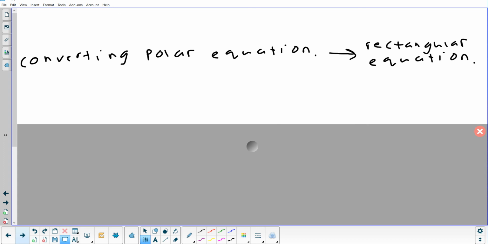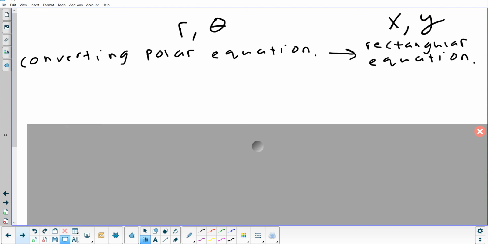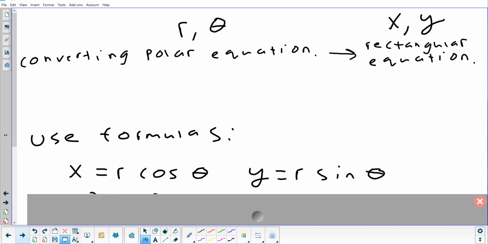When we wanted to convert from polar, r theta, to rectangular, xy, does anybody remember the formula for x? x equals r cosine theta. And what about the formula for y? y equals r sine theta.